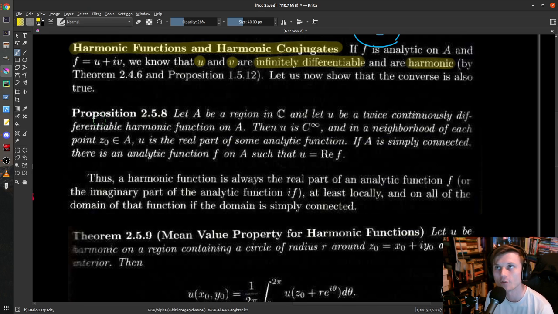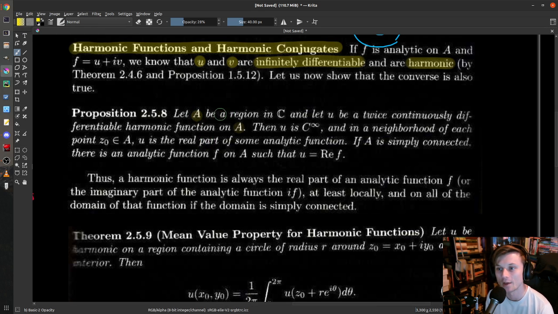I was careful saying this earlier because it is not true on every set. In particular, you need to talk about a region A, and we need to be careful about a lot of details.